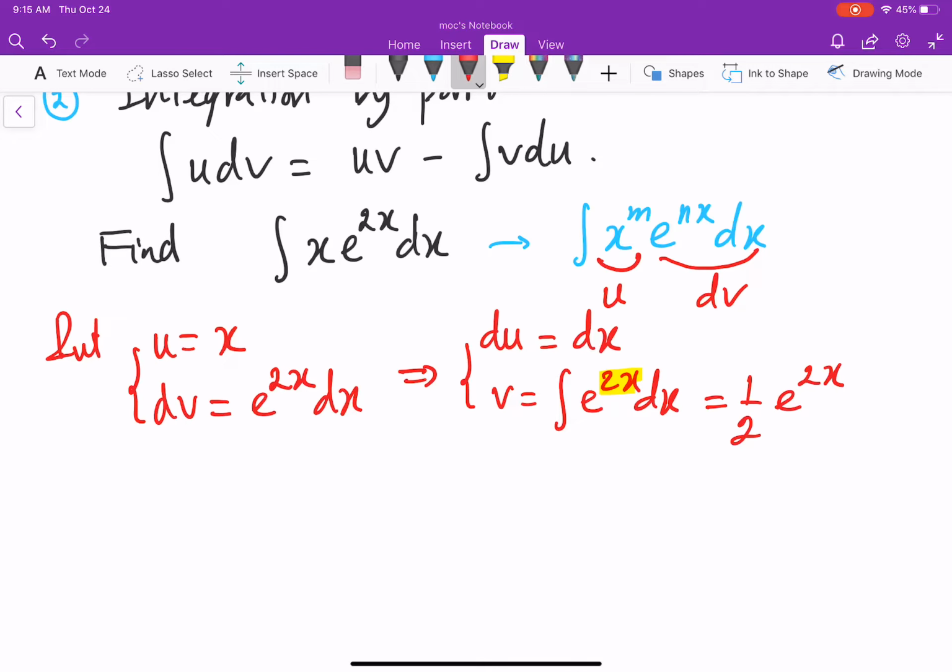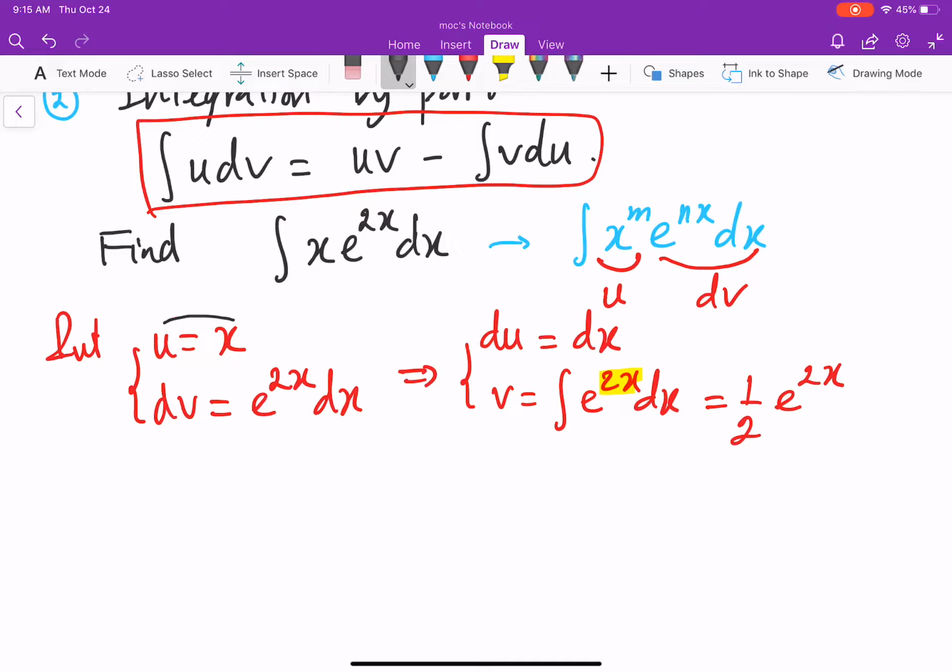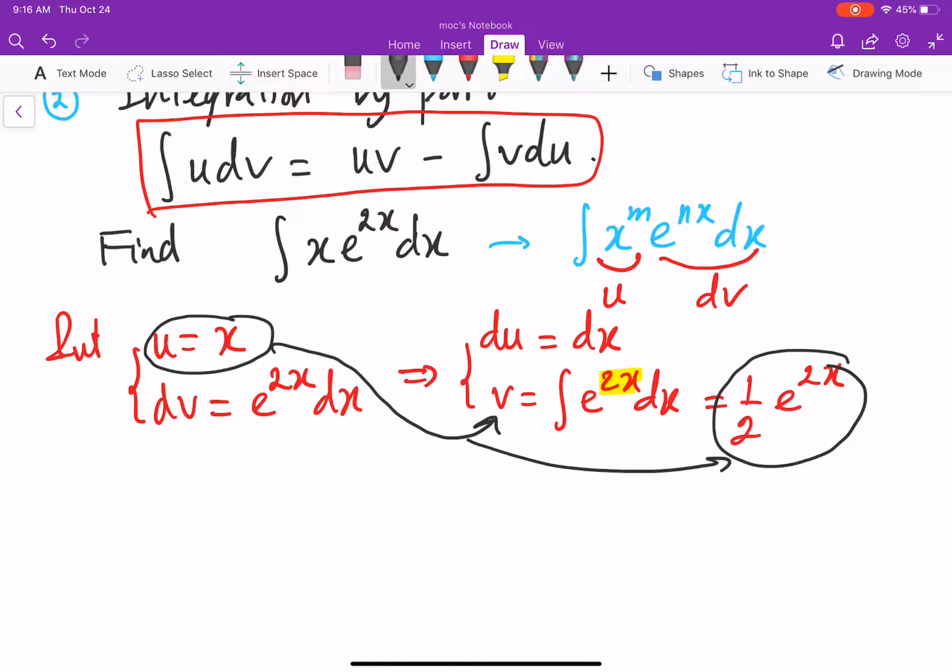And now, in order to apply that formula, I will do the following. I will take the first one in here and multiply with this guy, right? And then I subtract, minus in the formula, this guy multiplied with this guy under the integral.